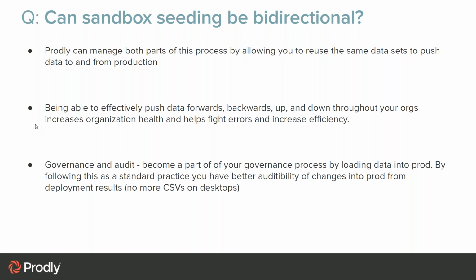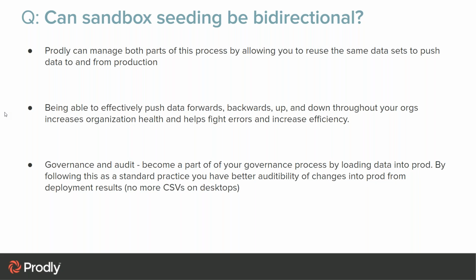Again, that's standard practice. This will eliminate things like CSVs on desktops, having to download them, and depending on how many devs you've got, they're all going to be part of that process, all downloading CSVs, manipulating the CSVs, and then re-pushing things. So there are just too many places where things can go wrong.